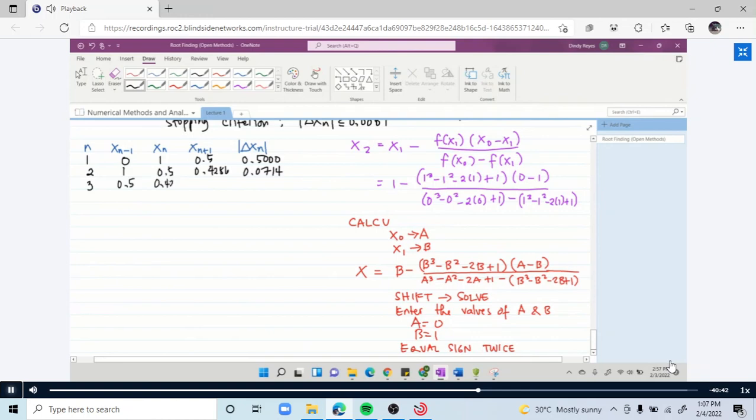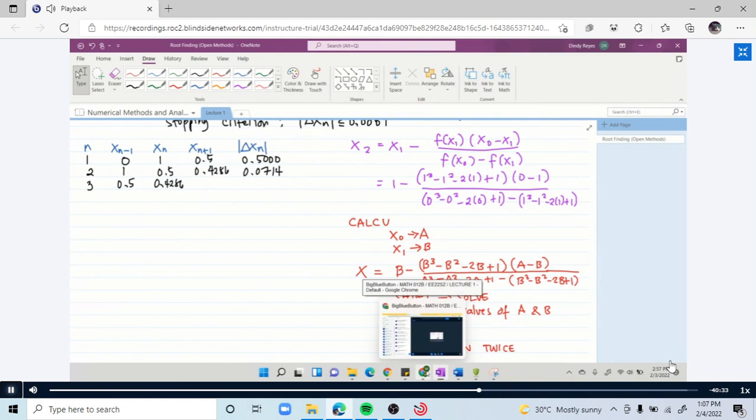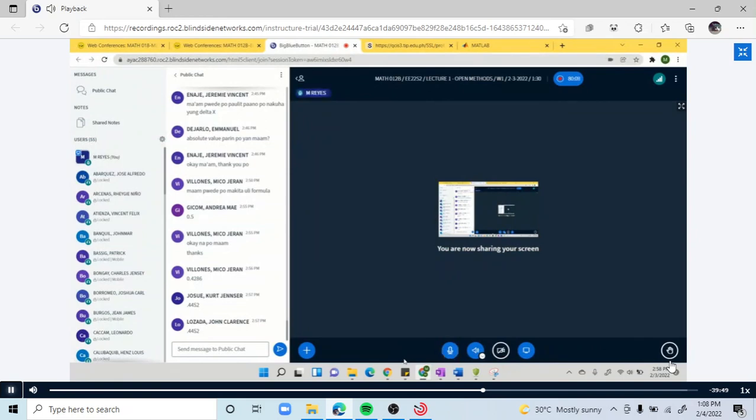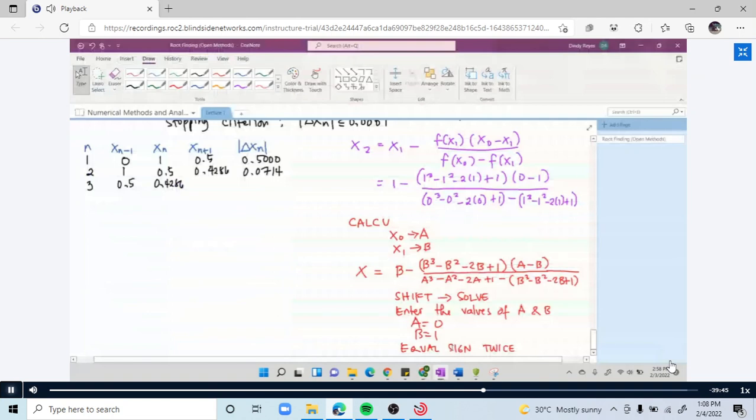For the third iteration, A is 0.5 while B is 0.4286. What is x sub 4? Shift solve again. It is 0.4452.